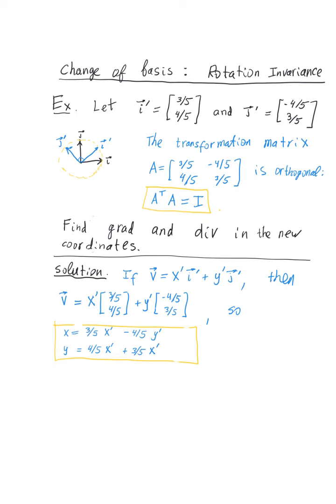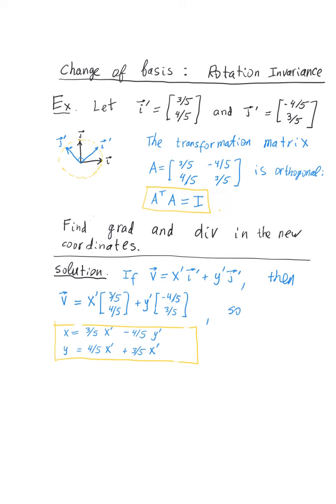First observe that if we have a vector given in the new coordinates, we can easily find the old coordinates, because we know the old coordinates of the new basis vectors. So we just replace the new coordinates by their expressions in terms of the old basis.